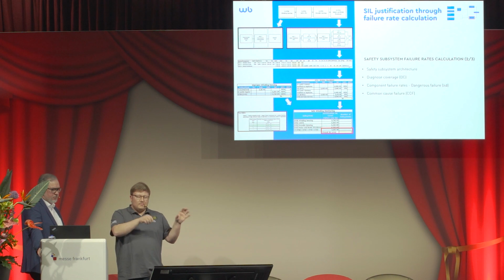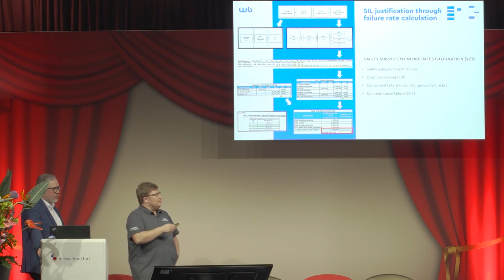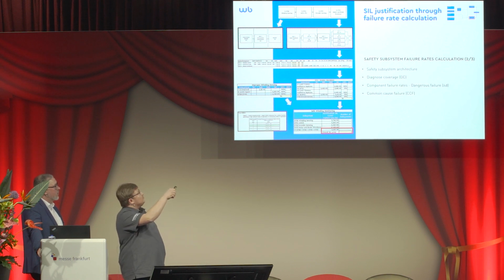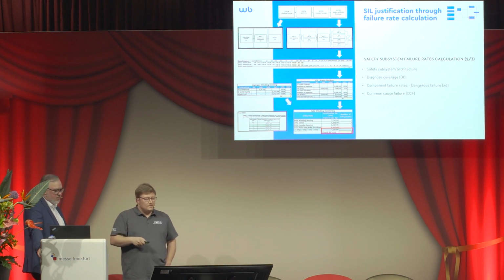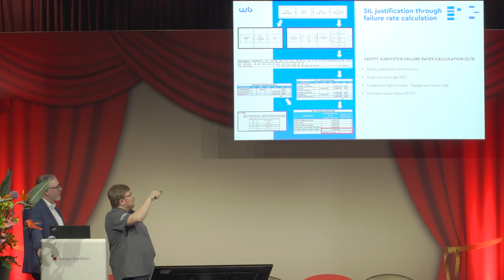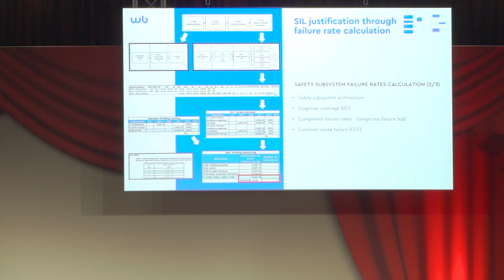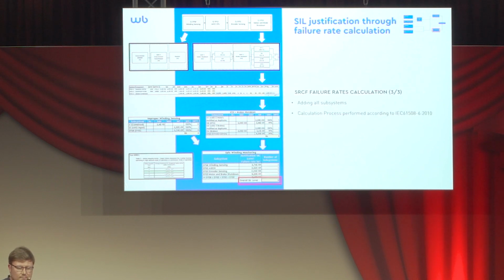And then, once I've got the failure rates of the different subparts, we bring everything together, and then we can say, for example, for each of the first blocks we've identified, for only the block winding monitoring, I've got, for example, this result, so this failure rate, and in this case there is a standard table, in the standard 61508, which says, okay, if you've got this failure rate, then you're SIL 2, this failure rate, you're at SIL 3, and so on.